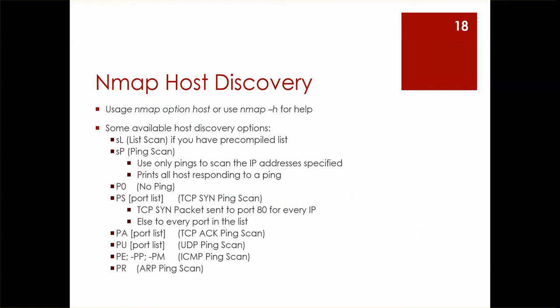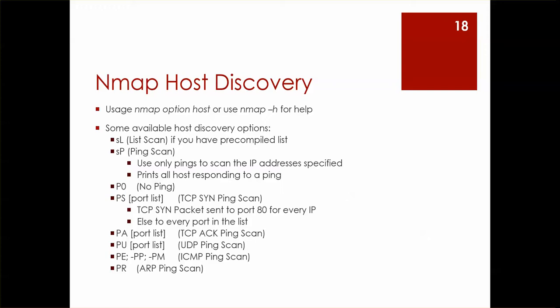So Nmap, going back, in order to invoke the help menu for Nmap, we can now type in nmap -h from a terminal. Some discovery options and most basic scans are the list scan, which is -sL, if we have, for example, a text file with pre-populated destination IP addresses.